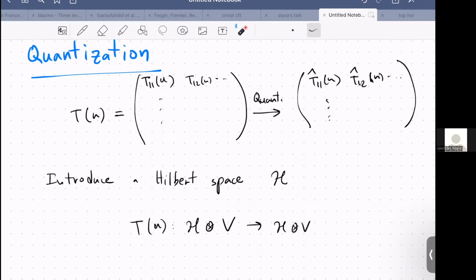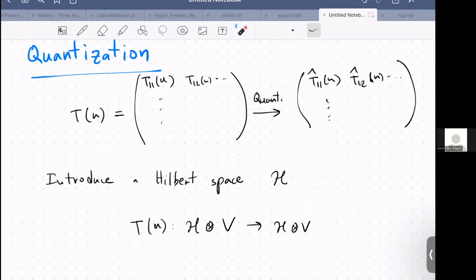No, it's not clear to me, because I expect H tensor H for all the entries, like n by n, because T1 maps H to H. That means I have a map, like the whole matrix, like the T that maps.